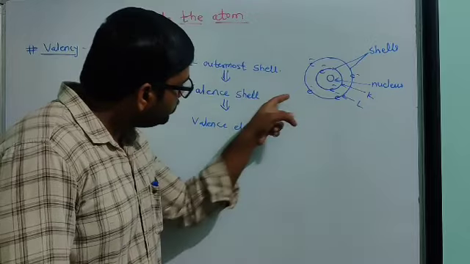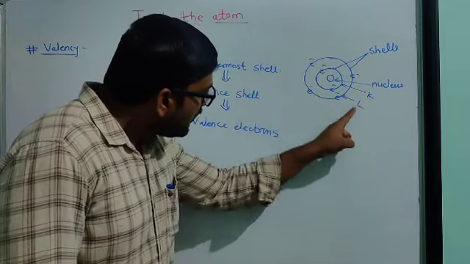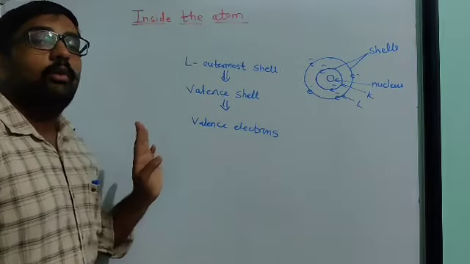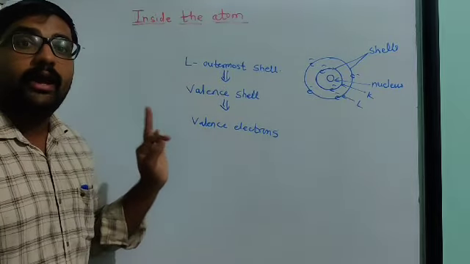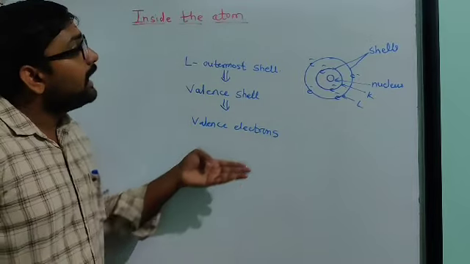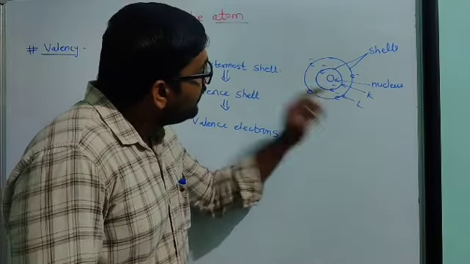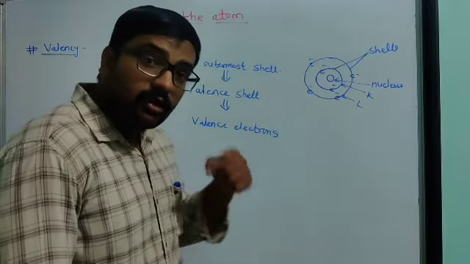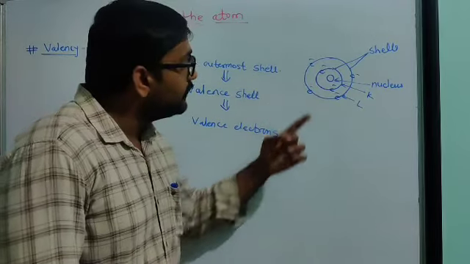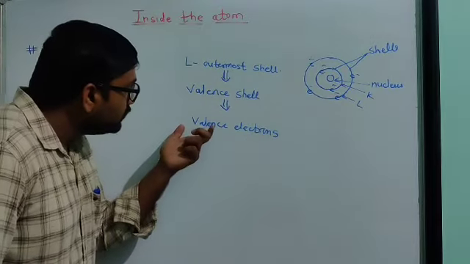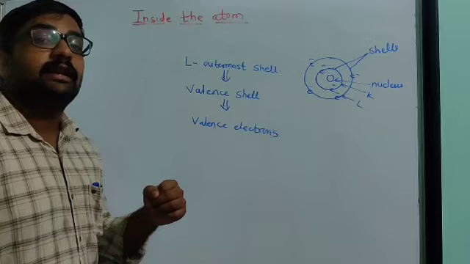This outermost shell, meaning L shell, is also called valence shell. And the electrons which are present in the valence shell are also called valence electrons.